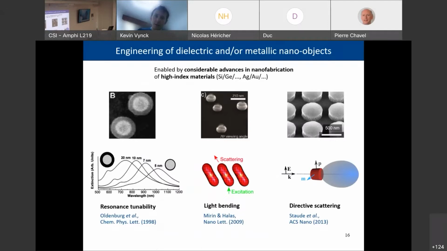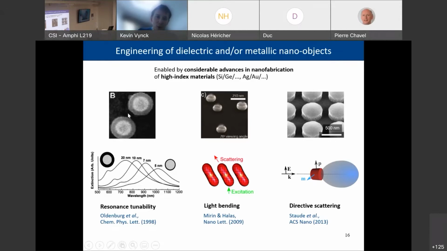And different works have shown that by using a clever mix of dielectric and metallic materials together, or by engineering the shape, by creating some asymmetry of the shape of the nano objects, you can really have extremely exotic and rich optical properties despite the very small size of the object.